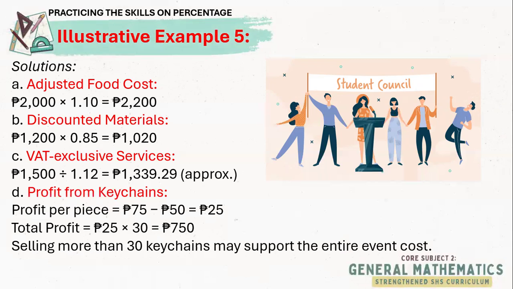So they'll be needing more keychains to support the entire event. So planning events really needs real math. Adjusting for inflation, the discount, and the taxes ensures your budget is used wisely. Selling products can support expenses, but pricing must be strategic. If you sell at a lower price, maybe it will not be able to support the entire event already.